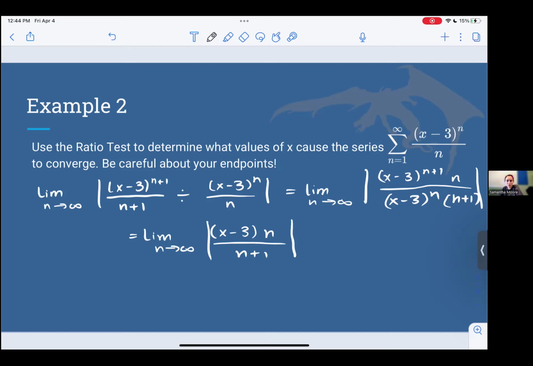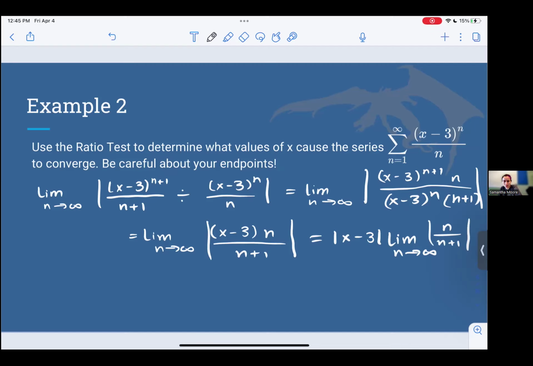Notice that x minus 3 doesn't depend on n at all, so it can come outside the limit. In other words, for any given x, that's just a constant. So we bring that outside of the limit, with the absolute value. So the limit as n goes to infinity of n over n plus 1.